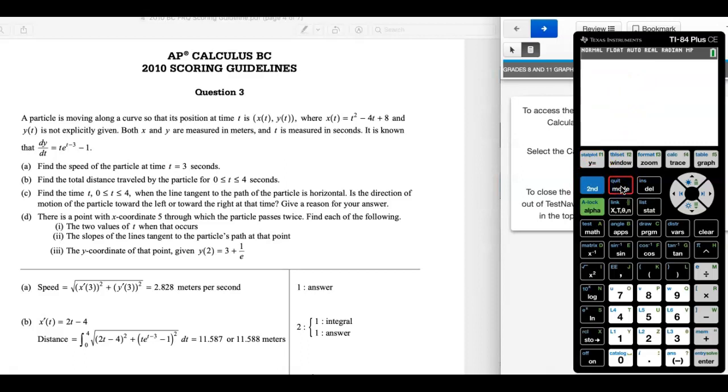So when we type this into our calculator, we're going to take the square root of the dx/dt equation, which I have stored as y1. The easiest way to do this is first put parentheses and then put alpha f4, and you can call up y1, and then we do need to substitute in 3 for the input.